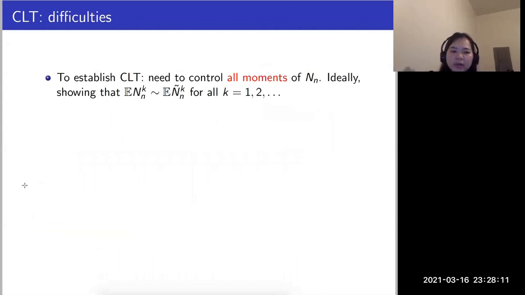Let me tell you a little bit about the difficulties with these polynomials. Firstly, when it comes to proving the Central Limit Theorem, one needs to control all the moments of N_n. Not just the expectation or variance, we need to control all of them. So ideally, we would have to show something like this: the k-th moment of N_n is asymptotically the same as the k-th moment of the Gaussian version.